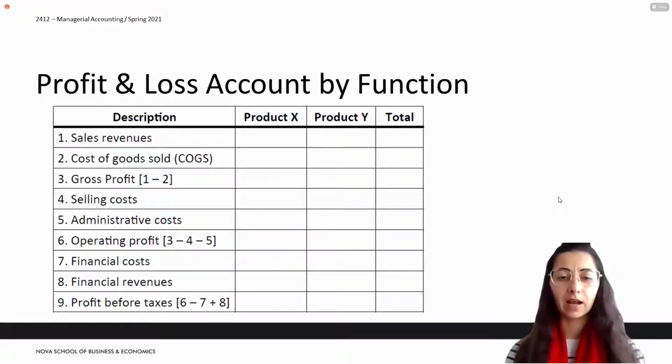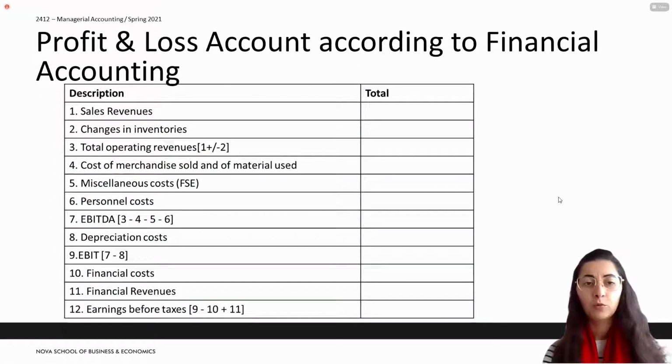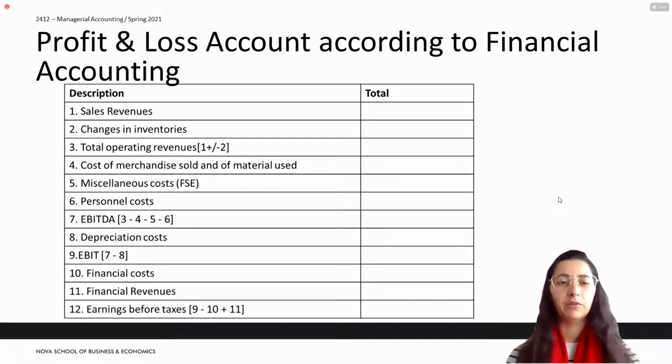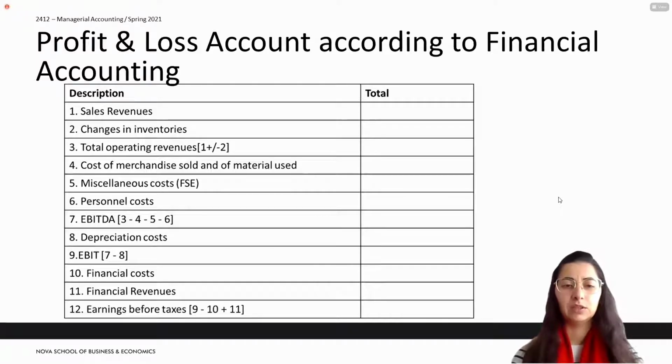So this is the P&L by function, which compares to the P&L that we normally have in financial accounting, in which we have sales revenues, changes in inventories, the total operating revenues, then the cost of merchandise sold and materials.